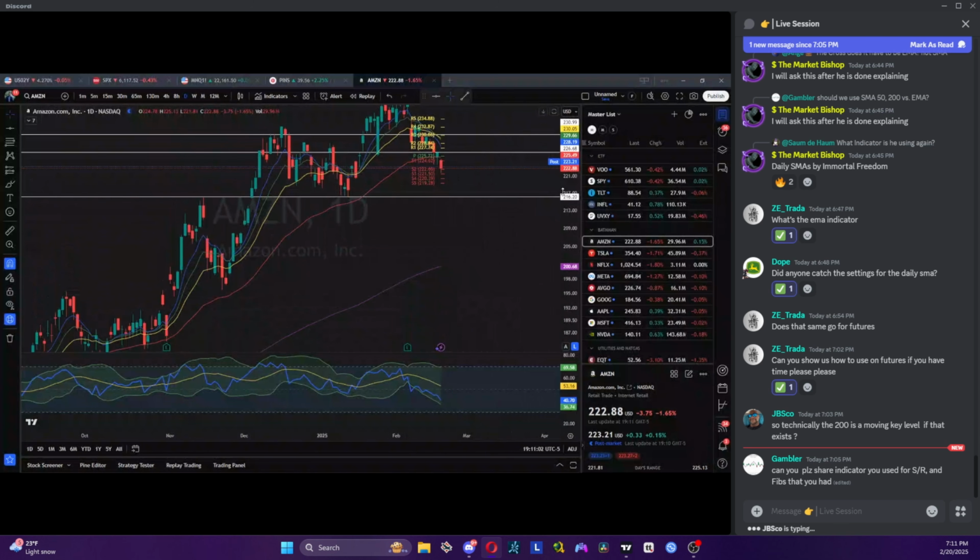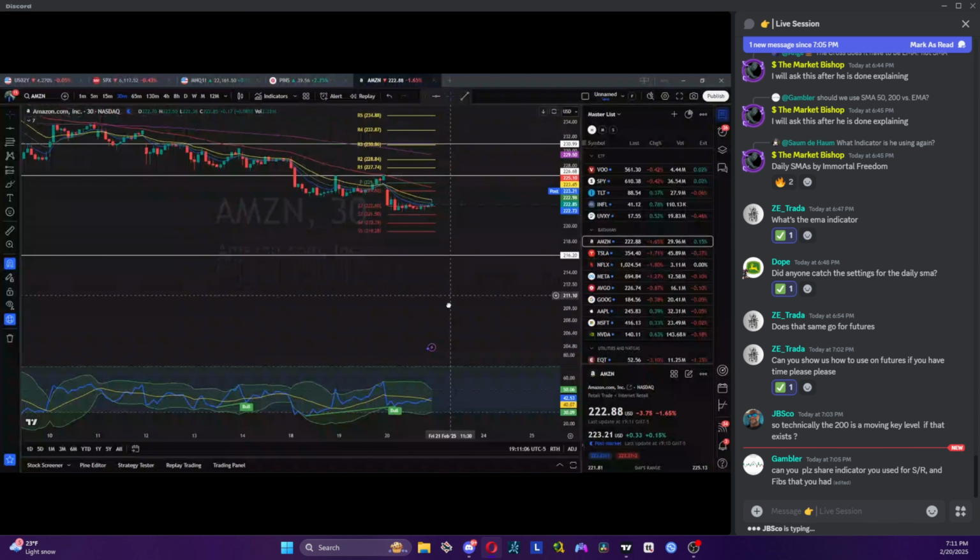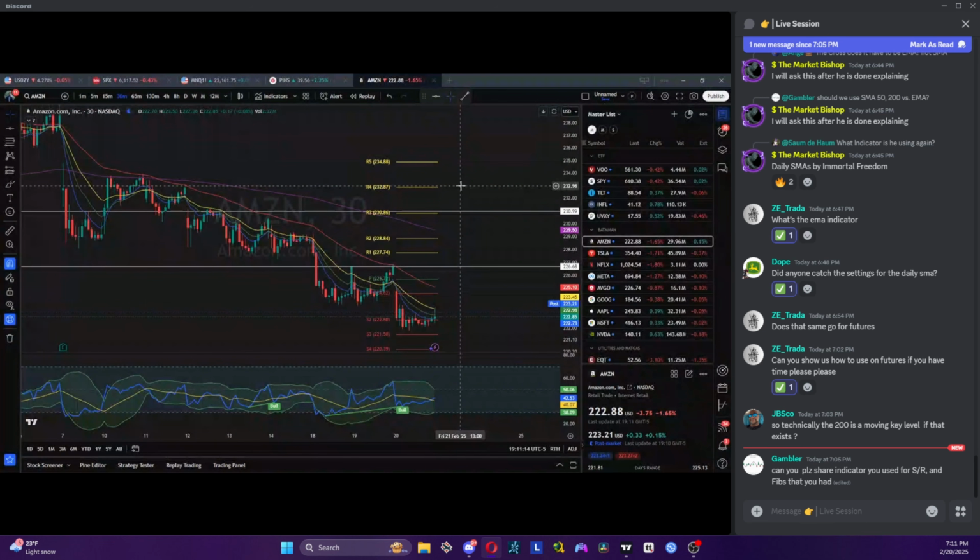But the 200 serves as a major shift of direction at that very moment, on any time frame, be it a small time frame or a bigger time frame. So yes, obviously exponential moving averages and simple moving averages are moving at all times because they're taking the candle into account.